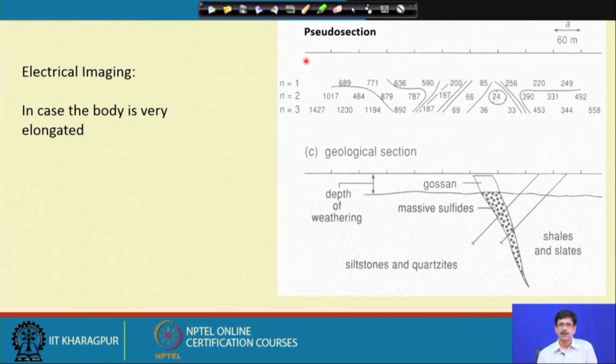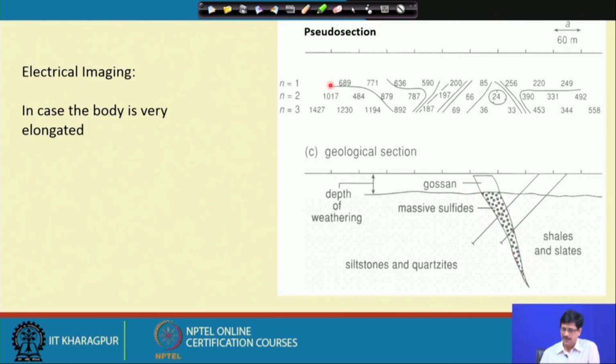A somewhat improved method is called electrical imaging, used in case the body is very elongated, like the one shown here. Such situations are very common, even a kimberlitic pipe, a brecciated ore-bearing zone, or a deep-seated fracture filled with quartz reef kind of mineralization, like the Malanjkhand type of mineralization we have discussed.